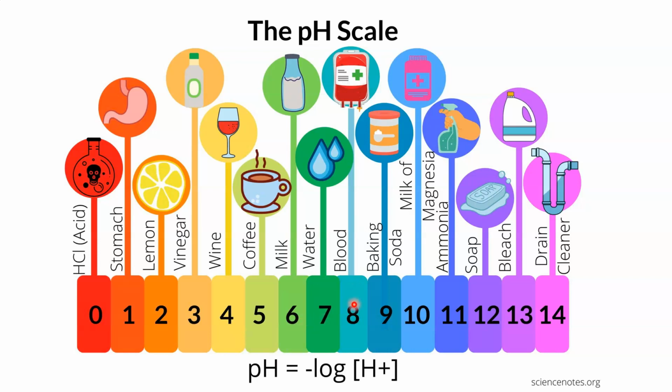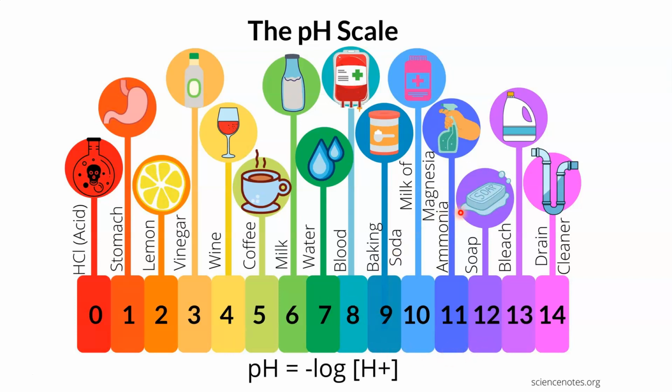Our blood is a little bit basic, not much basic, but a little bit. And then there's baking soda, milk of magnesia, ammonia, soap, bleach, and drain cleaner. So these are all examples of something that you would find in your house that is that pH. So it should give you an idea of how the pH scale kind of works.